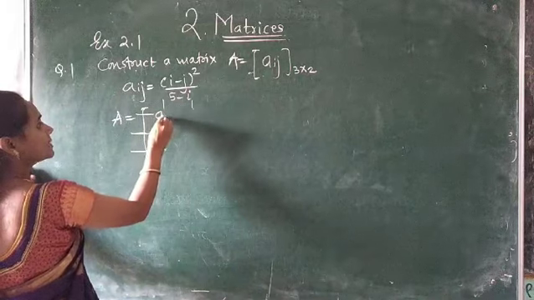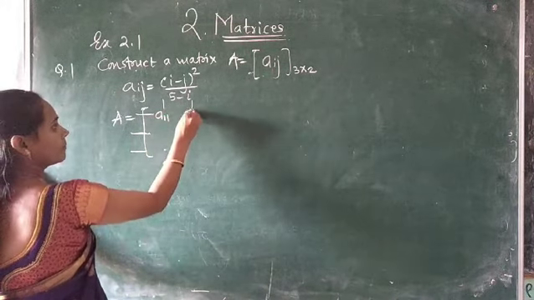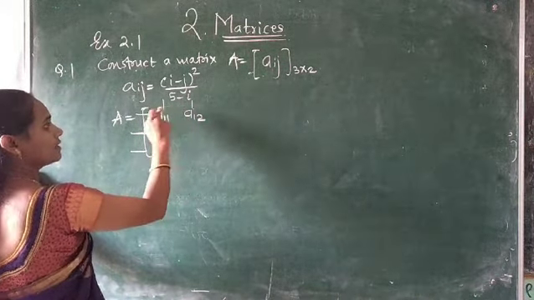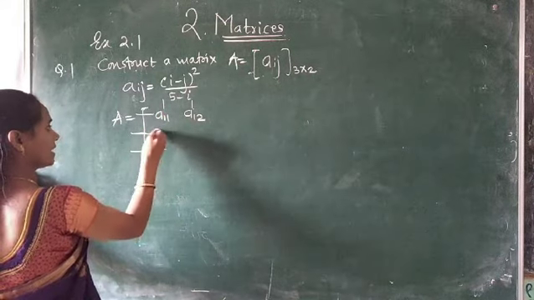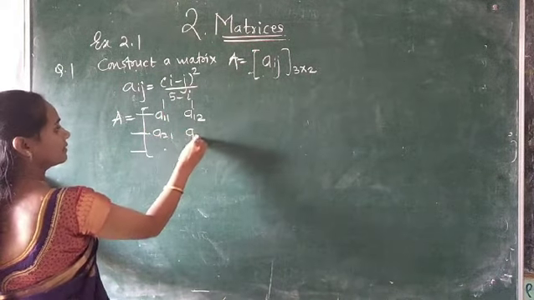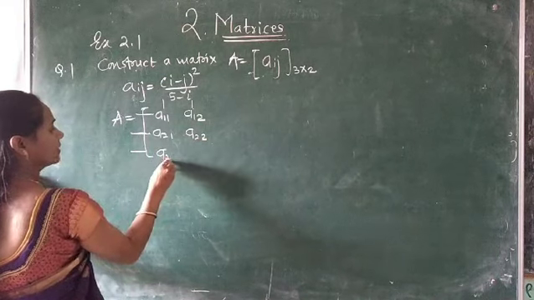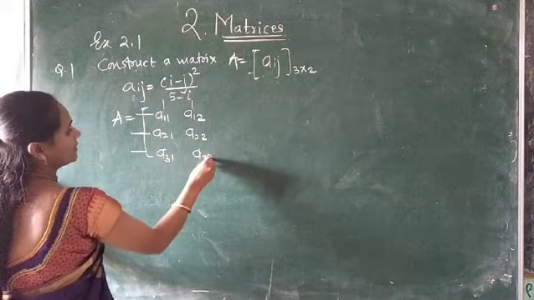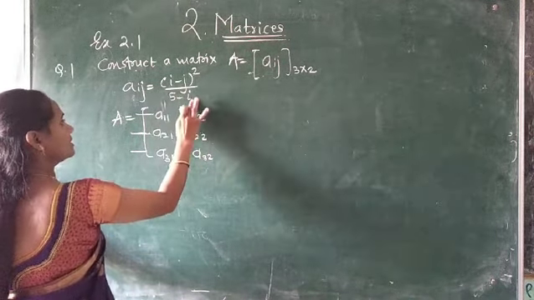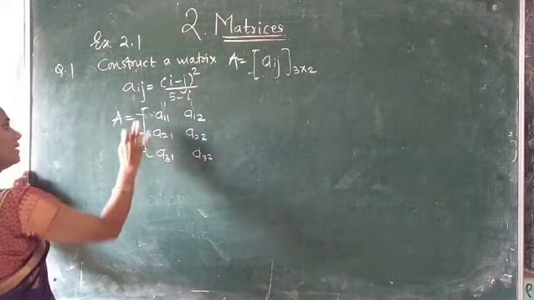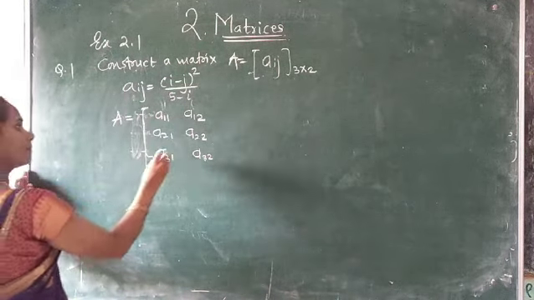The elements are A11, A12, A21, A22, A31 and A32. So this is a matrix of order 3 by 2.